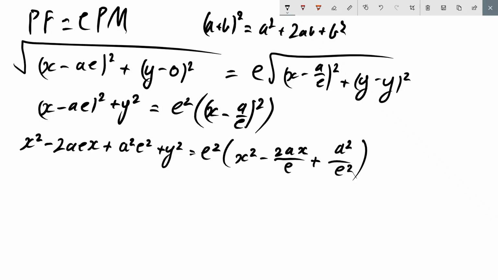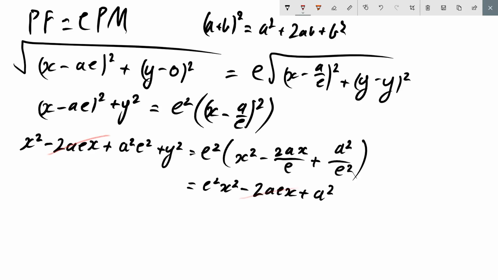Now I'm going to expand e inwards. So we'll have e squared x squared minus 2aex plus a squared. You can now have some cancelling. This minus 2aex can cancel on both sides.